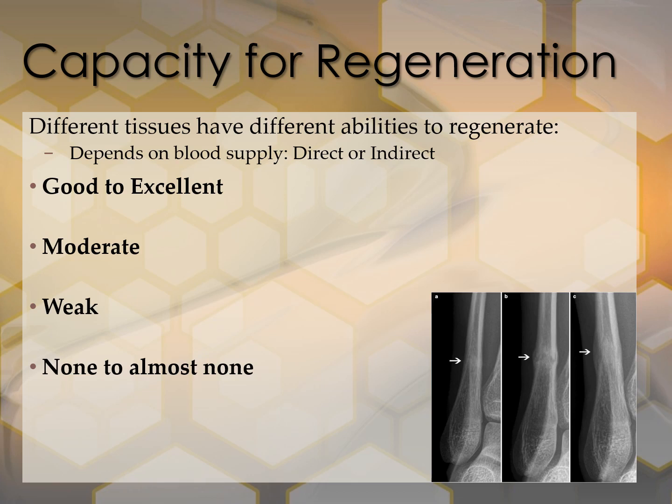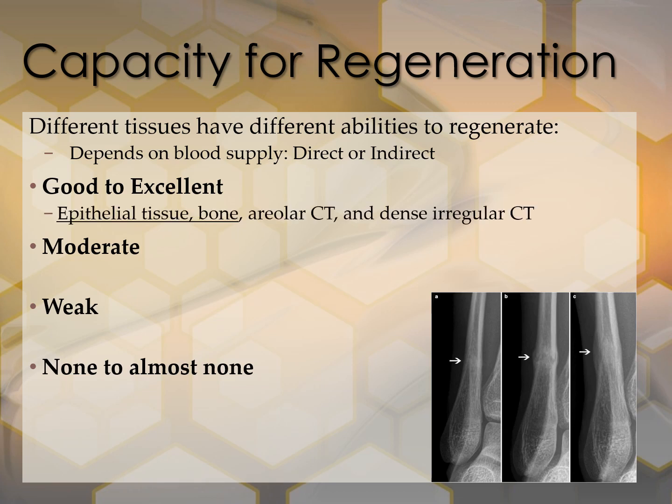And whether that blood supply is direct or indirect, meaning it has its own blood supply or it's getting it from somewhere else, okay? Because we said that's the whole job of the inflammatory response, is to create that permeability in the blood supply so that you leak out the fluid, the clotting factors, the white blood cells to that area. So really it depends on that blood supply.